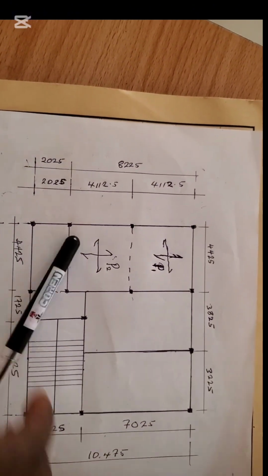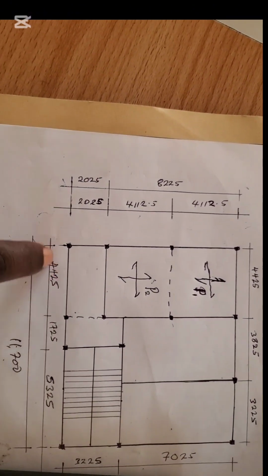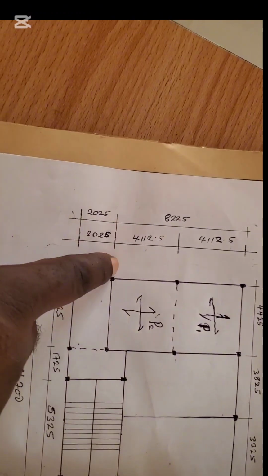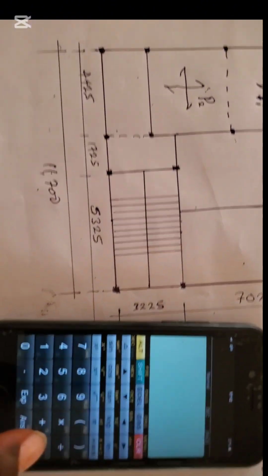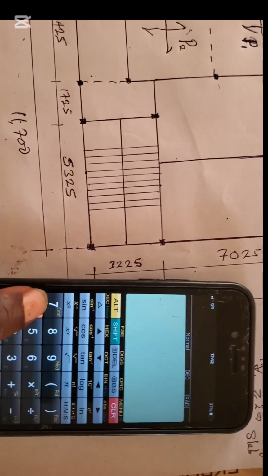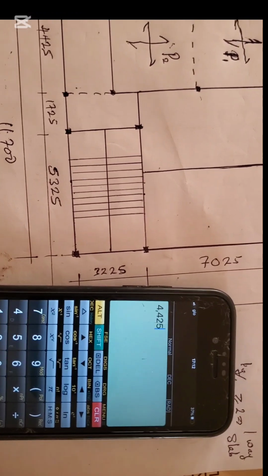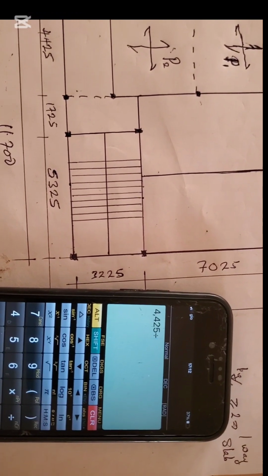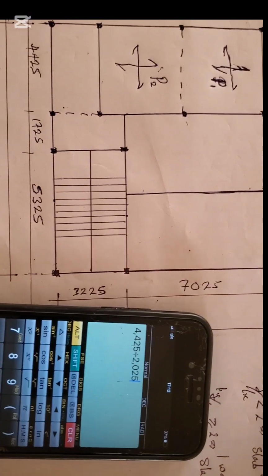The Ly is 4425. The Lx is 2025. So when you divide, go to the calculator: 4425 divided by 2025.